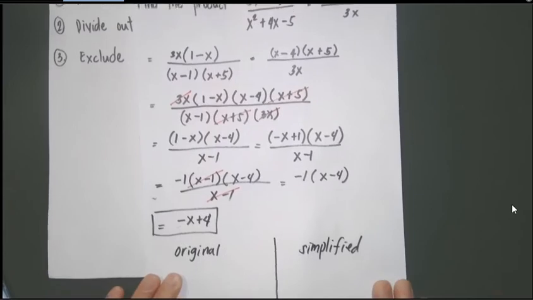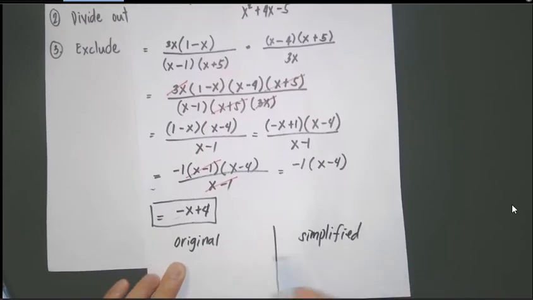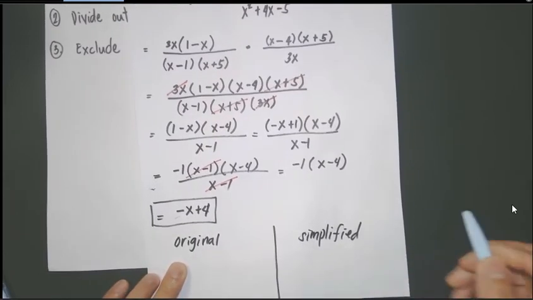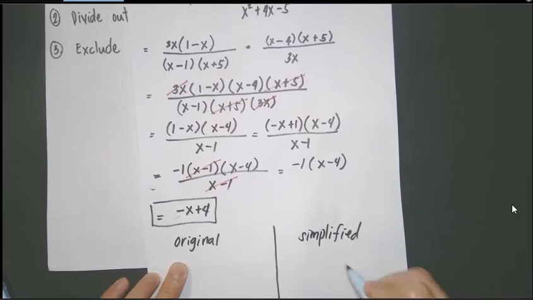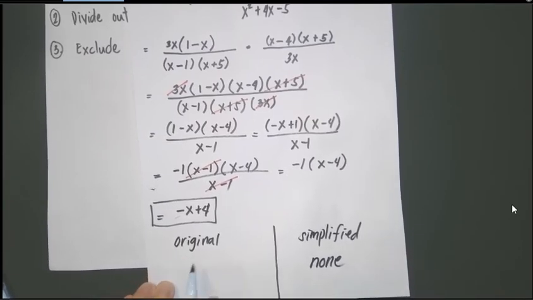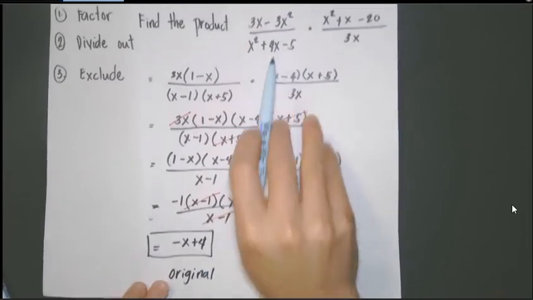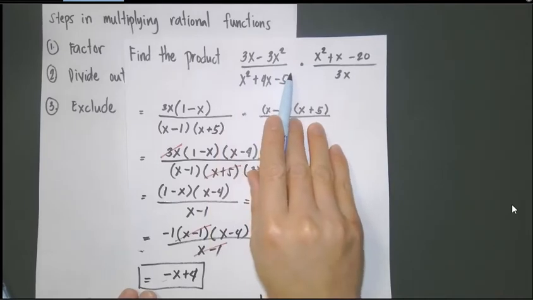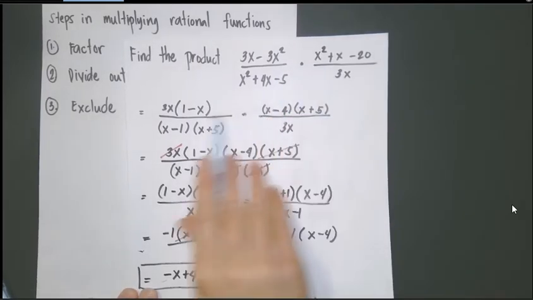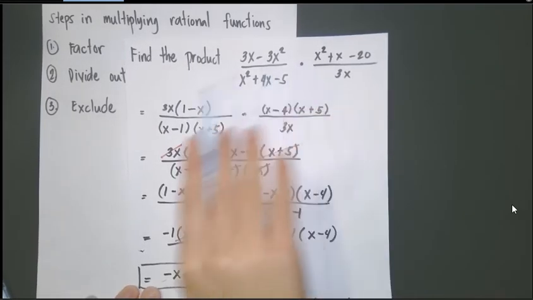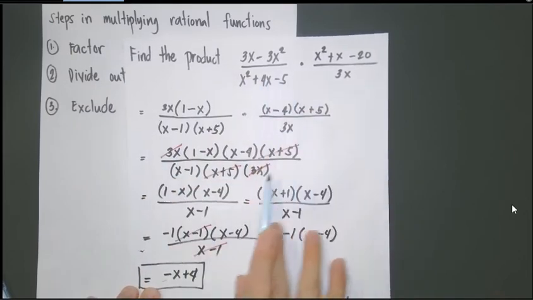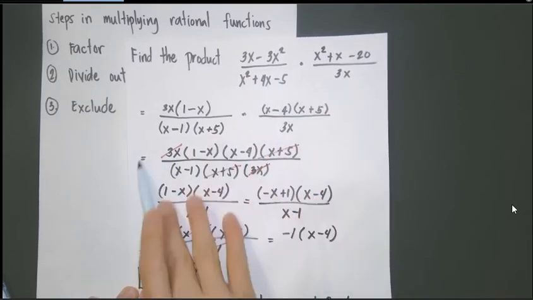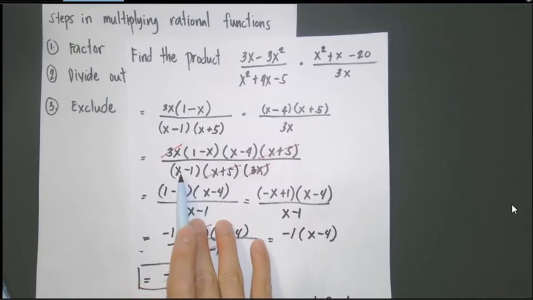We don't have a variable in the denominator, so none. For the original, you want to go back to the expression given. You want to go to the factored form so you can easily see the excluded values. So go here because this is the factored form, x minus 1.